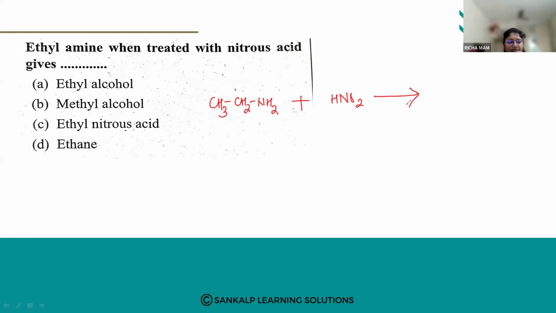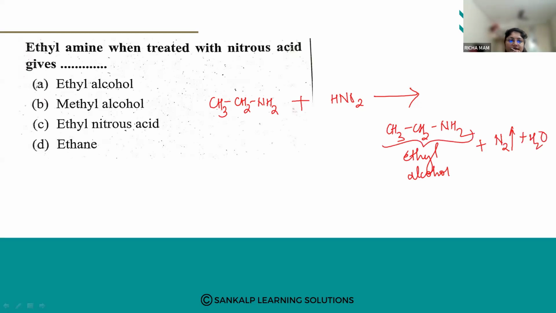When you react ethylamine with nitrous acid, I'm going to get ethanol, that is ethyl alcohol, plus N2 gas is released plus water. So our answer is ethyl alcohol, option number A. Let us go for the next one.